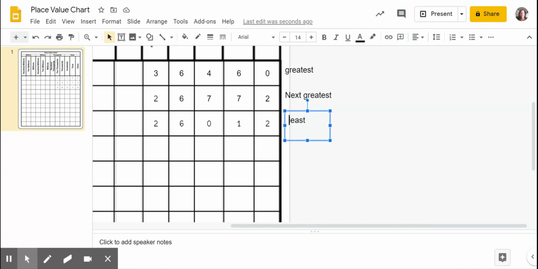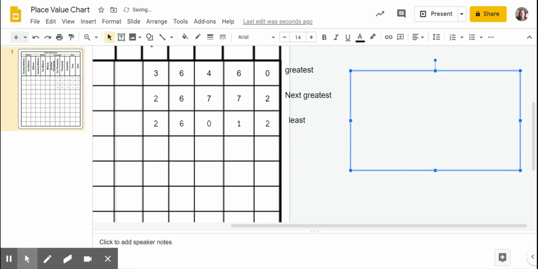If we want to write them in order from least to greatest, then we would write 36,460 is greater than 26,772, and that's greater than 26,012.